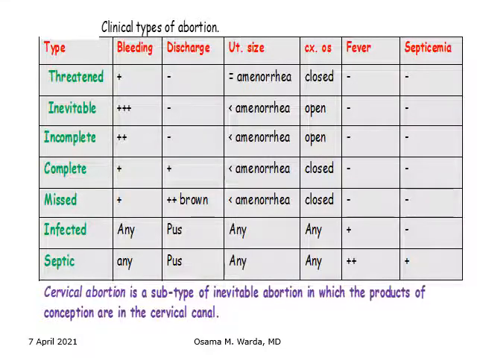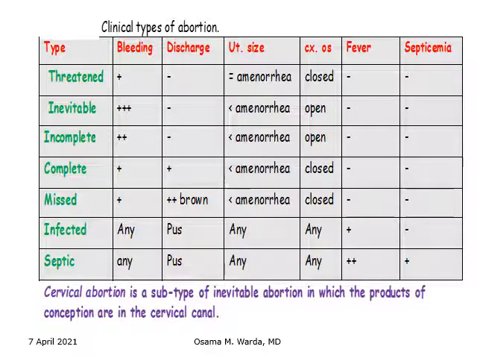The cervix is opened, and this is the most diagnostic feature. Incomplete abortion: moderate bleeding, the size is less than the period of amenorrhea, and the cervix is opened. Complete abortion: minimal bleeding with discharge, the uterus is smaller than the period of amenorrhea, and the cervix is closing.